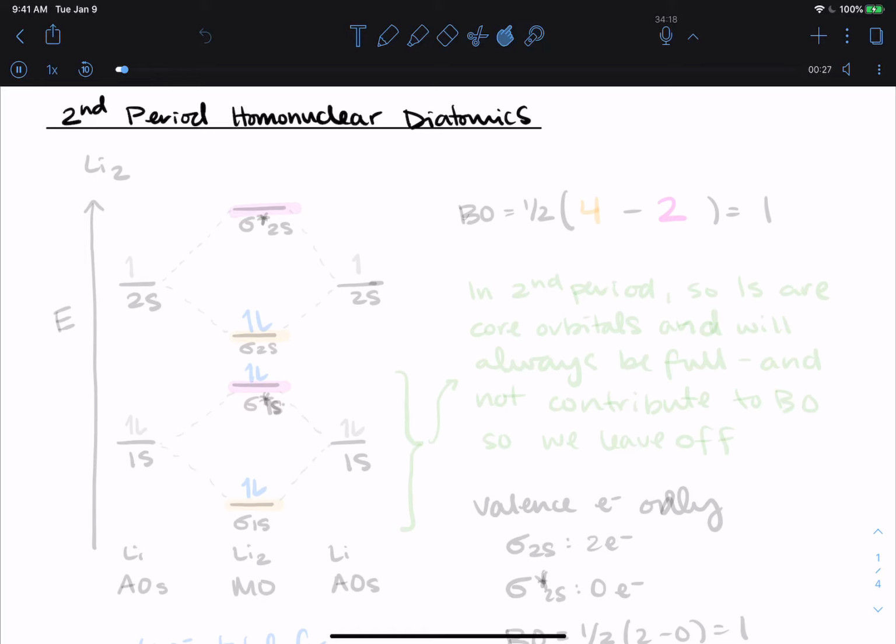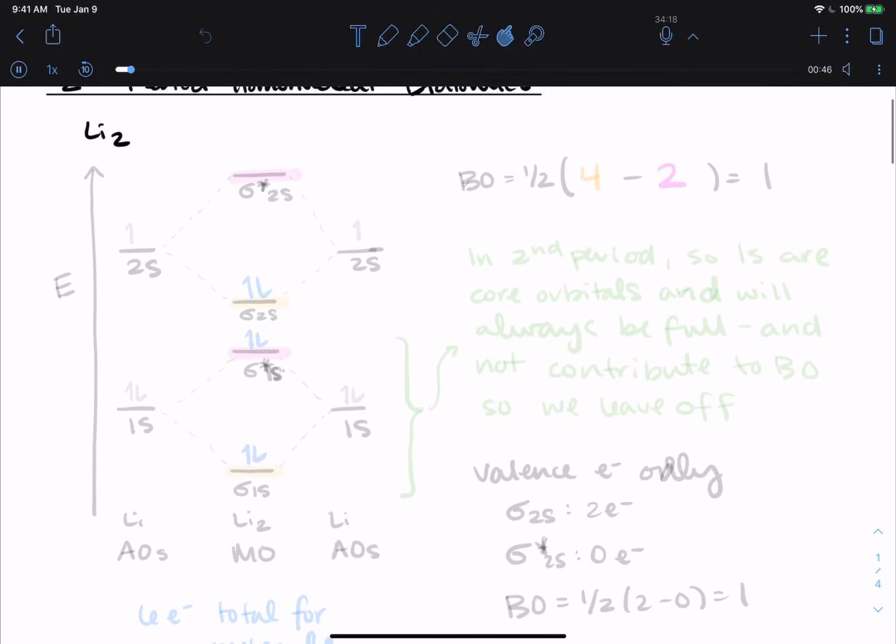In a later video, we will do heteronuclear diatomics and point out the differences between the two. So let's just start at the beginning, and let's start with dilithium, so Li2.